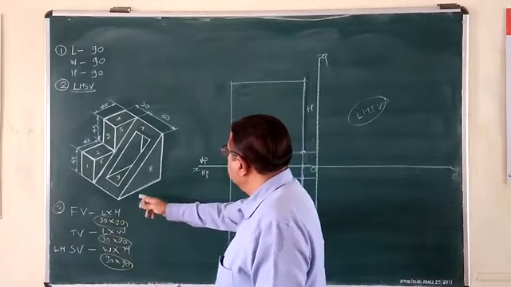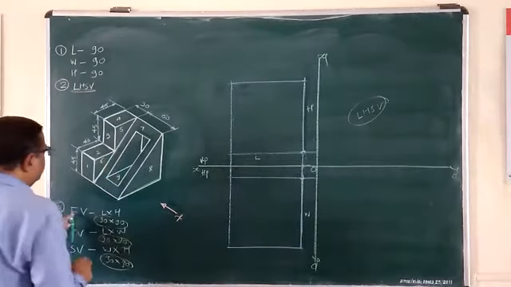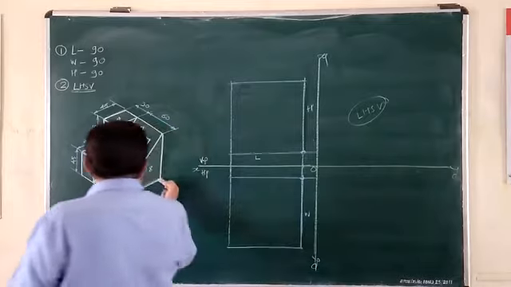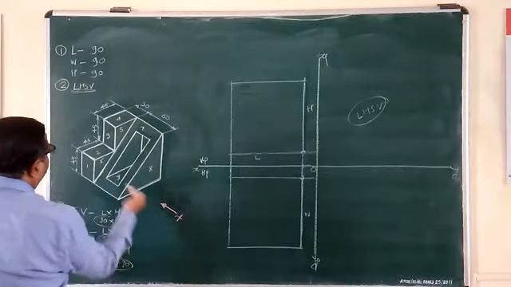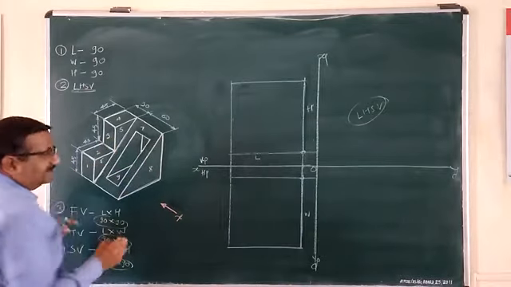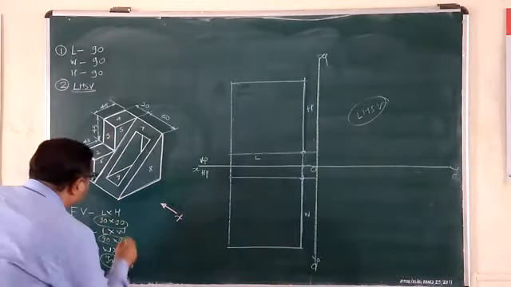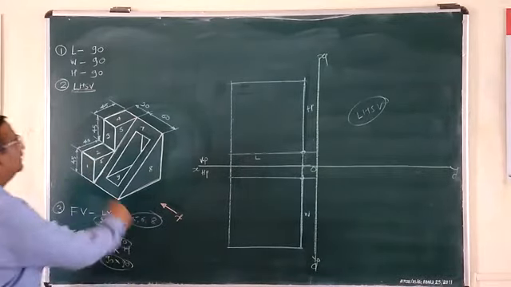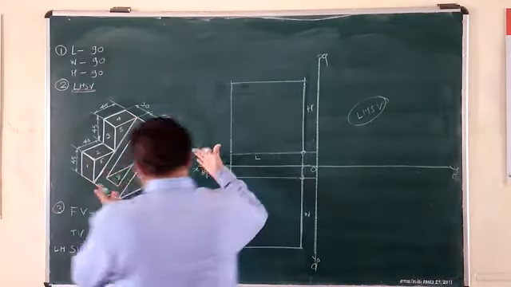Length and height means which faces will appear in the front view? Just see in the direction of X. Face number 8, face number 5, and in this direction face number 6. Only 5, 6 and 8, three faces are visible. I will mention it: 5, 6 and 8.